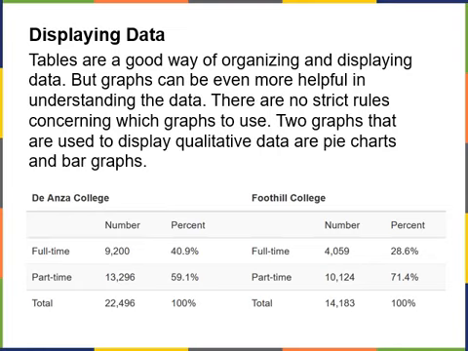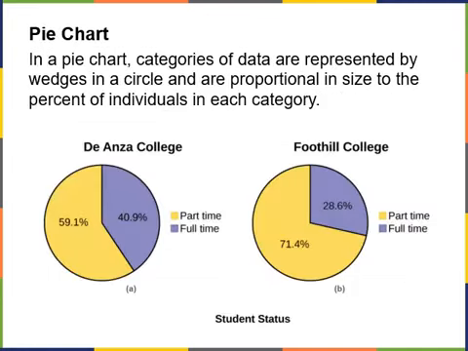And for some people, they might want to see the information in a table, but realistically, graphs and charts become more helpful in understanding data. There aren't any strict rules concerning which graphs to use. Frankly, it's going to depend on what information is being presented and who your audience is. So 2 graphs that are used to display qualitative data are pie charts and bar charts, or bar graphs.